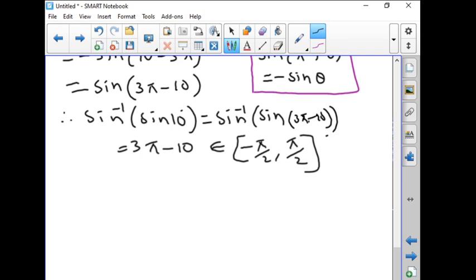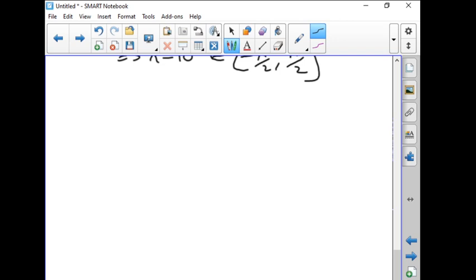Then coming to example 4.19. 4.19 I have already told you. It is similar to that of example 4.11. Same question, but it is asked in a different form, that's all.